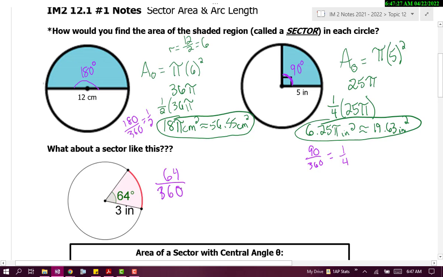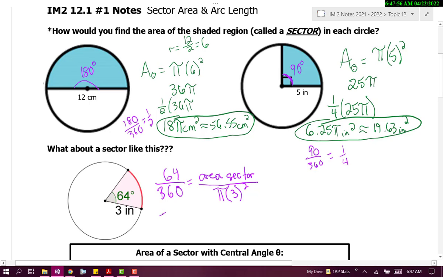64 degrees out of the whole circle, which is 360 degrees, equals the area of the sector over the area of the circle, which of course is pi r squared. And of course we know r is 3, so we can write that. Then we can cross multiply from there.